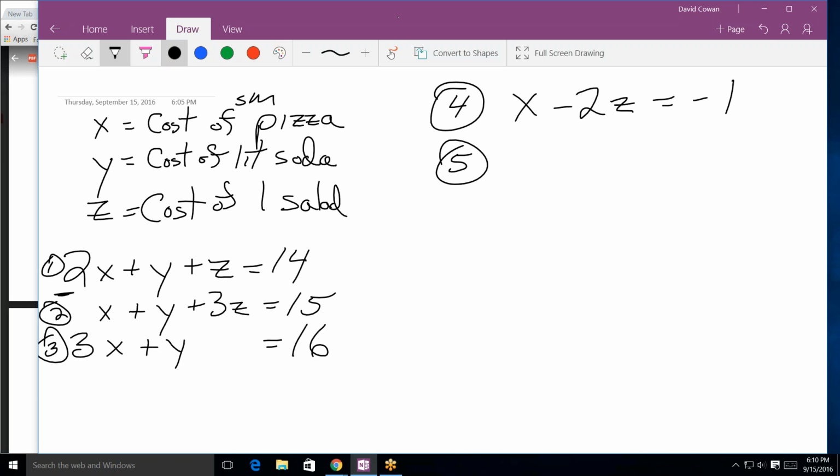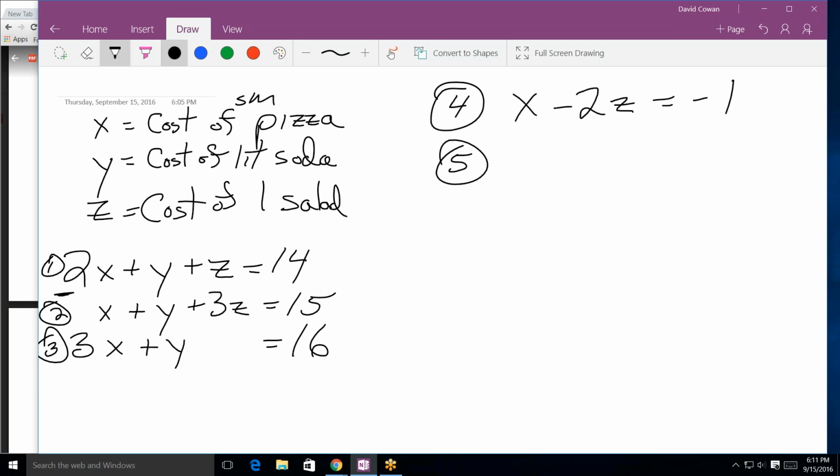Now which 2 equations of the original 3 do I have to work with? The only 2 I cannot work with are 1 and 2. I can work with either 1 and 3, or I can work with 2 and 3. You could do 2 and 3, or 1 and 3. I already did 1 and 2.